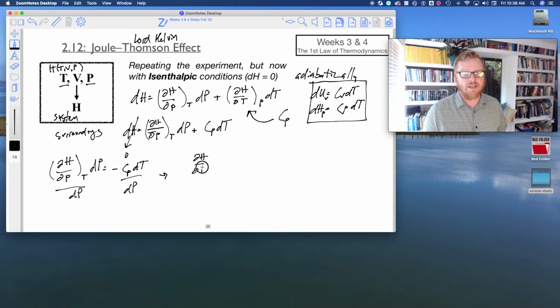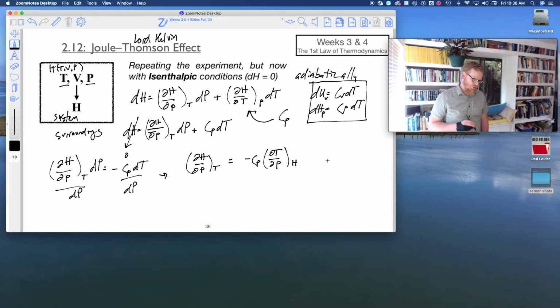So now I can say that the partial of H with respect to P at constant T, I eliminated the dP to make life a little bit easier, this now equals negative Cp by the partial of T, partial of P, and on this derivative, I'm going to say that that was done at constant H.